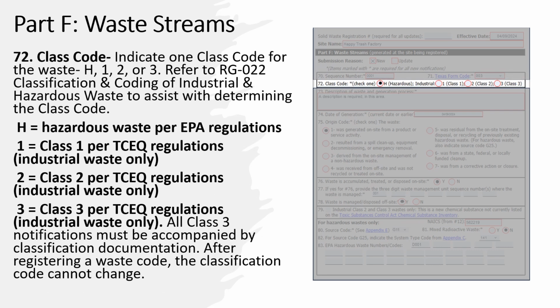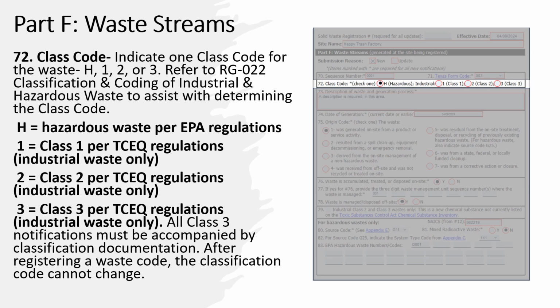Number 72, Class Code. Indicate one class code for the waste: H, 1, 2, or 3. Refer to RG-022, Classification and Coding of Industrial Hazardous Waste to assist with determining the class code. H stands for hazardous waste per EPA regulations. Class 1 equals Class 1 per TCEQ regulations, industrial waste only.